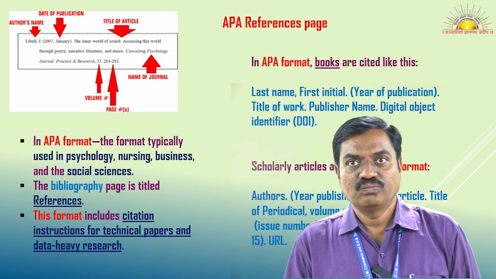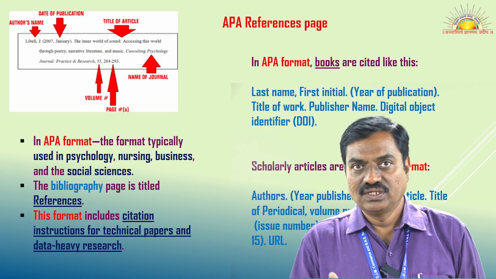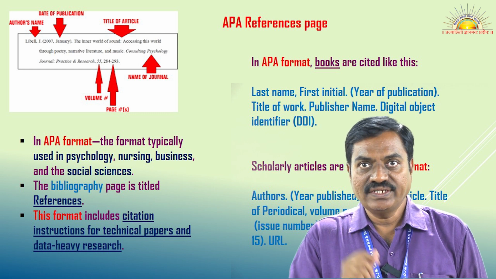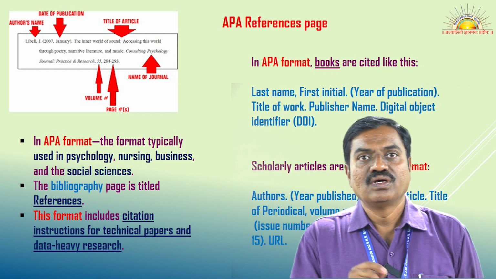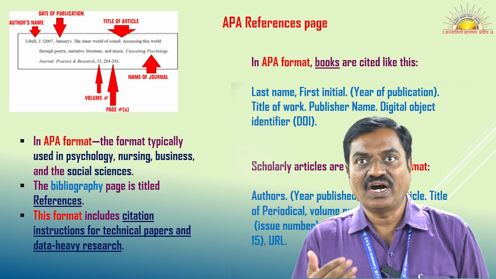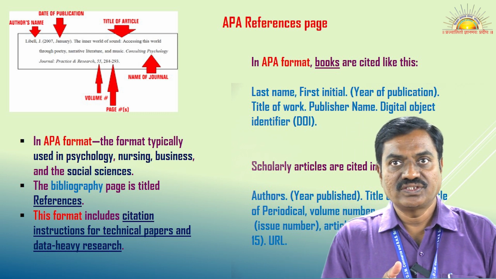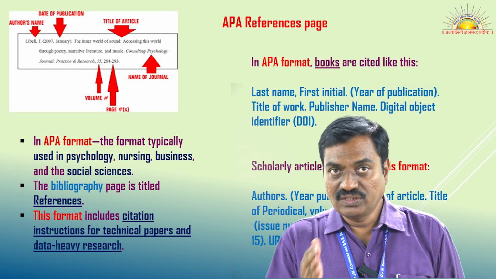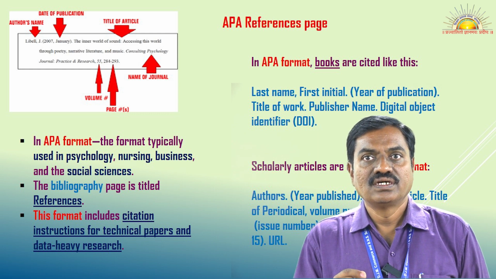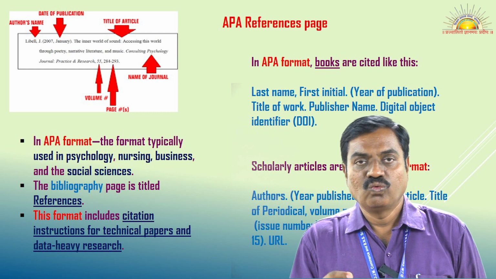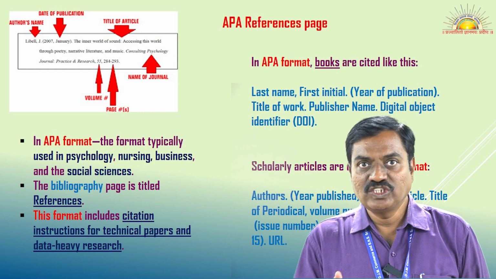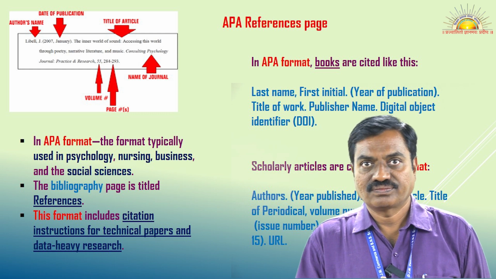In APA format, books are cited in the following manner: last name, first initial, year of publication in brackets, title of work, publisher's name and digital object identifier, that is DOI. Scholarly articles are cited in the following format: authors, year published in brackets, title of article, title of the journal or periodical, volume number, issue number in brackets, article's page range, and the URL.